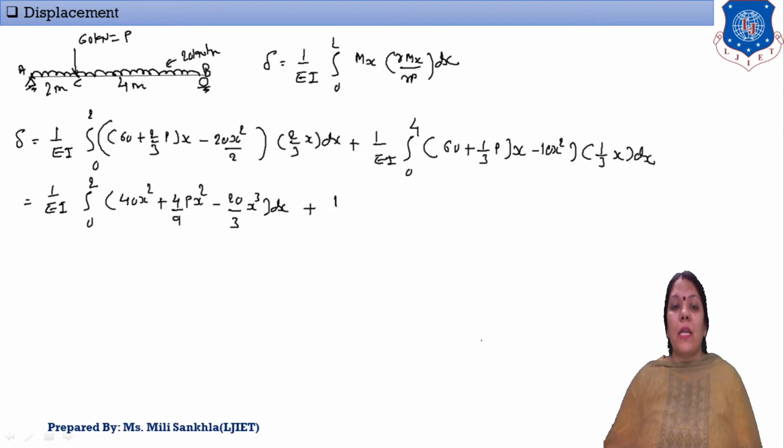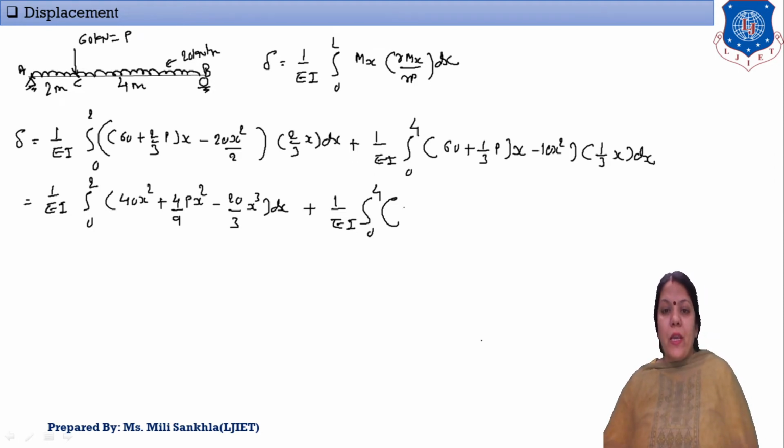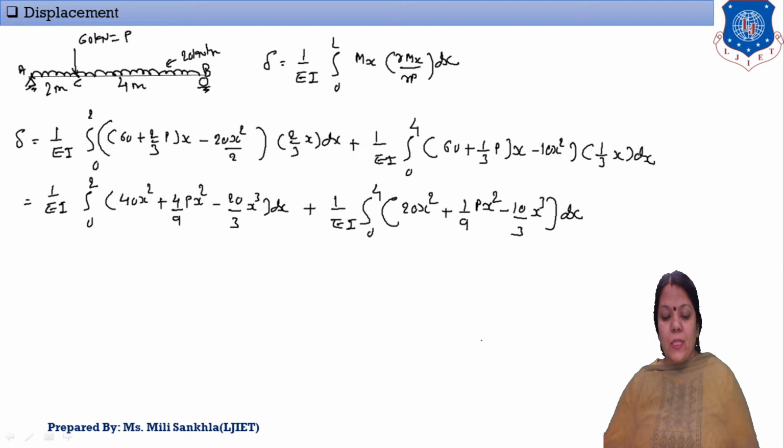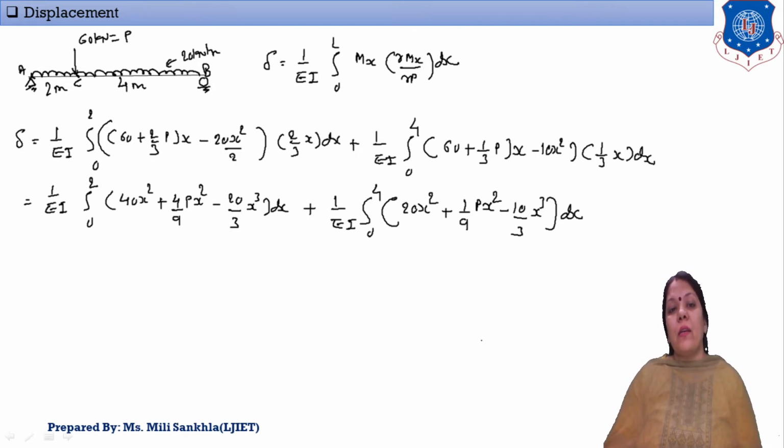Plus our second term, 1 by EI, limit 0 to 4, in bracket 20 x square plus 1 by 9 Px square minus 10 by 3 x cube and dx. Now one by one we must integrate and simplify these terms, first and second.